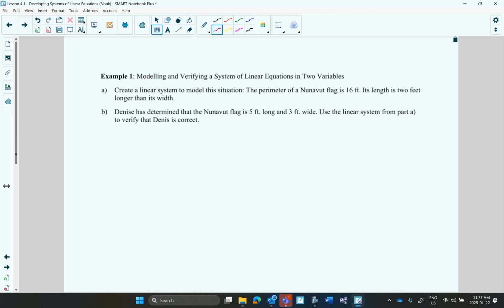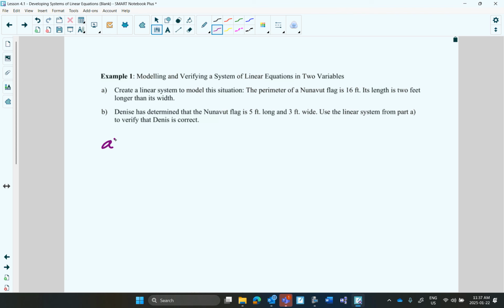Okay, next one. Here's the situation. The perimeter of a Nunavut flag is 16 feet. Its length is 2 feet longer than its width. What are the two unknowns here? Length and width.